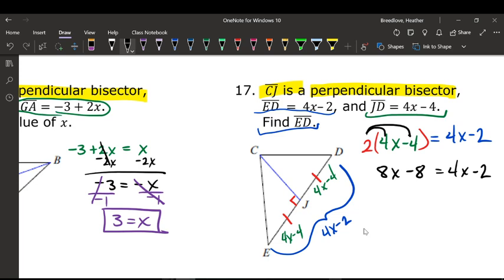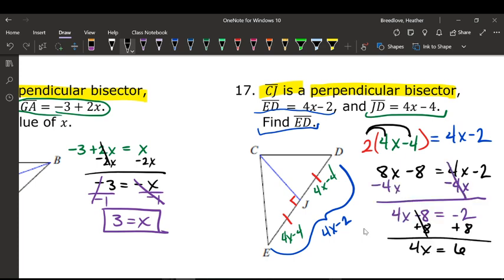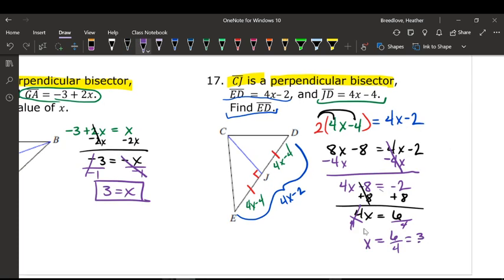So 4x equals 6. So then I'm going to divide by 4. Alright, so x equals 6 over 4. Those are both even numbers, so I can reduce that. That's 3 over 2. And if you prefer a decimal, 3 over 2 is the same as 1.5. So x is 1.5.